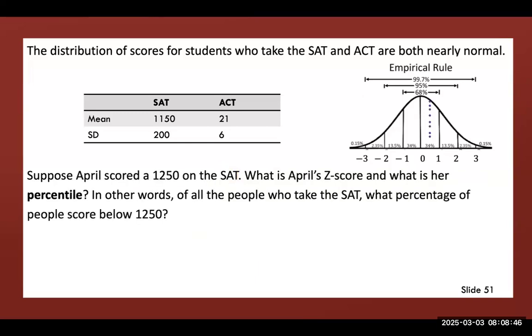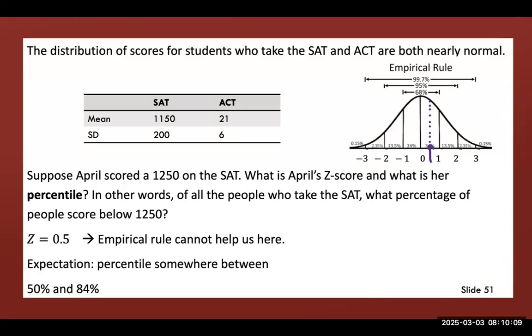Suppose April scored a 1250 on the SAT. What is April's z-score and what is her percentile? In other words, of all the people who took the SAT, what percentage of people scored below 1250? Well, her z-score is between 0 and 1, so she's somewhere between 50% of people performing worse than her and 84% of people performing worse than her.